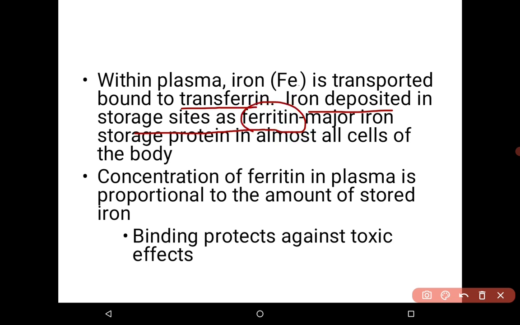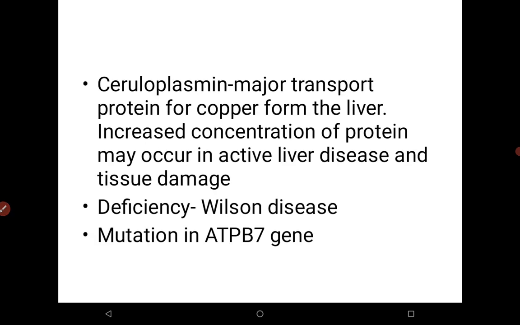Okay. So the concentration of ferritin in plasma is proportional to the amount of stored iron. Okay. So the binding protects against toxic effects. Then you have ceruloplasmin, a major transport protein for copper.